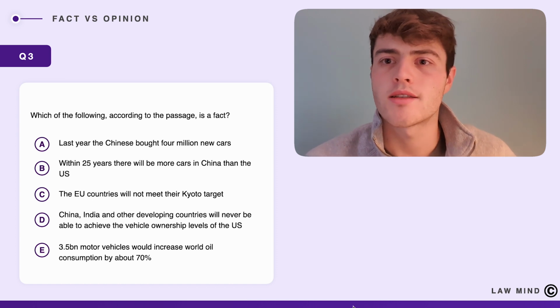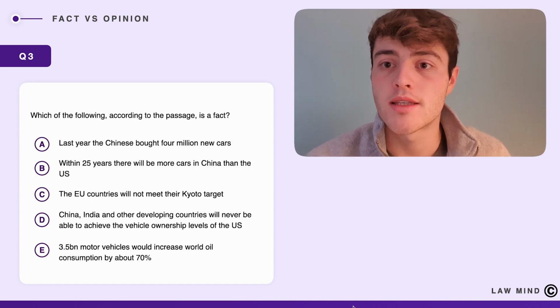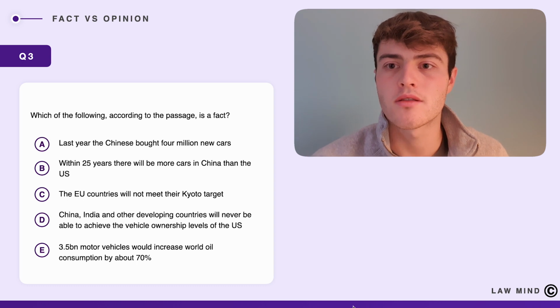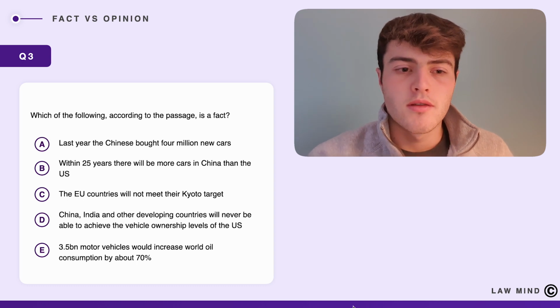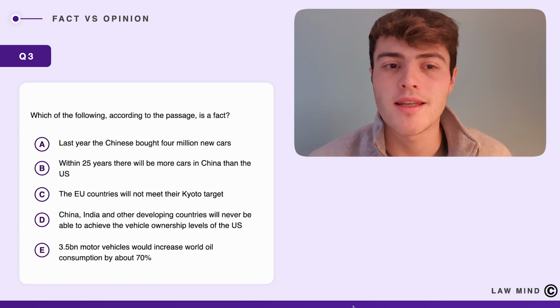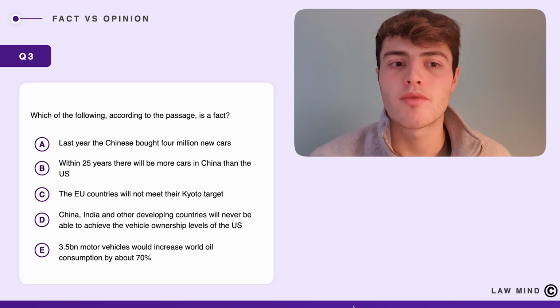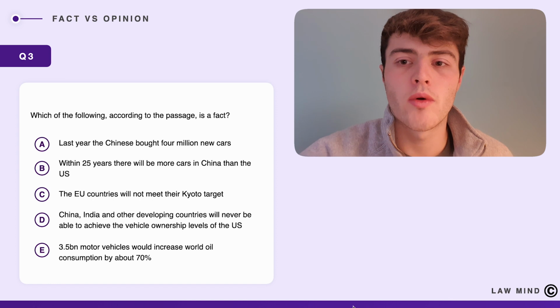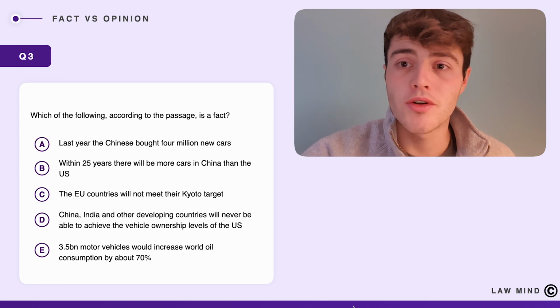So try and look at whether you think that's actually presented as factually true within the passage. Think about whether the author presents it as definitely going to happen or maybe unlikely to happen. And if they present it as unlikely to happen, then it's not being presented as a fact that it definitely will happen. So if you've got an answer in your head, then we'll go through to work out whether you were correct.